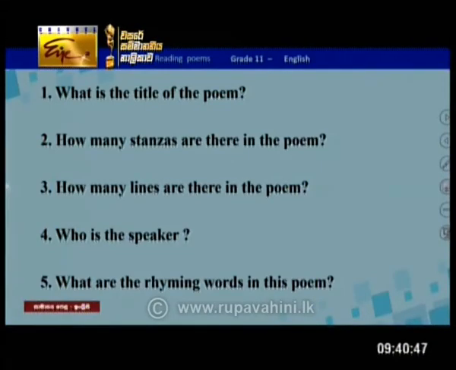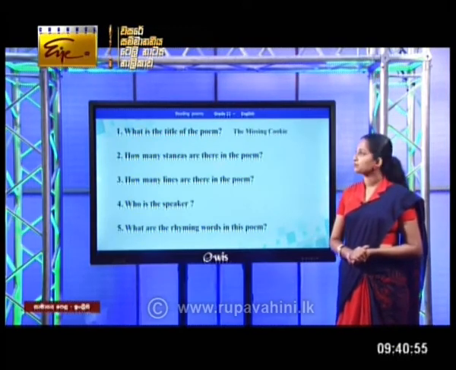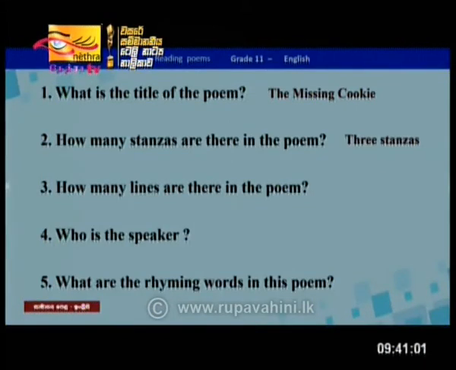Right. The first question, what is the title of the poem? The answer is The Missing Cookie. How many stanzas are there in the poem? There are 3 stanzas. How many lines are there in the poem? 12 lines.